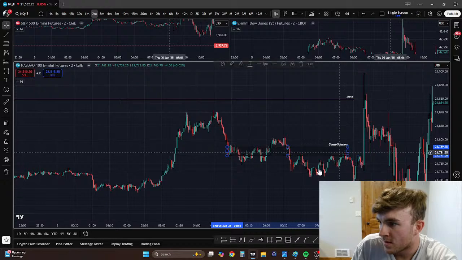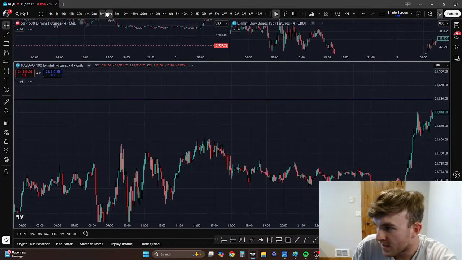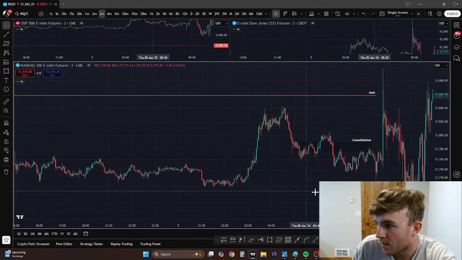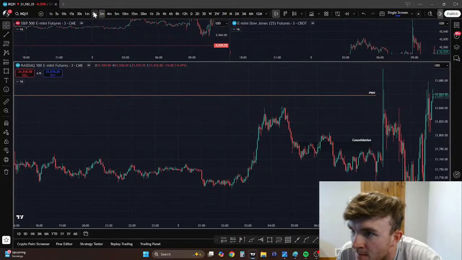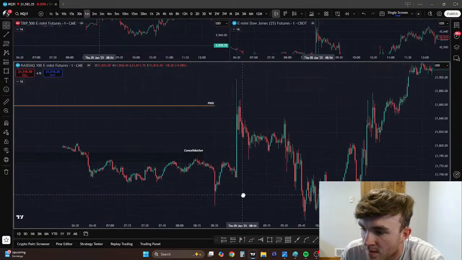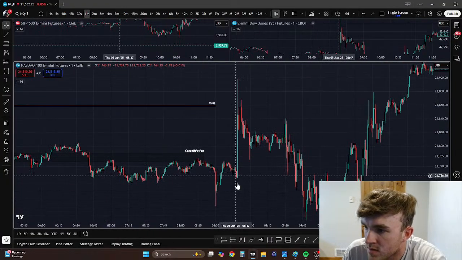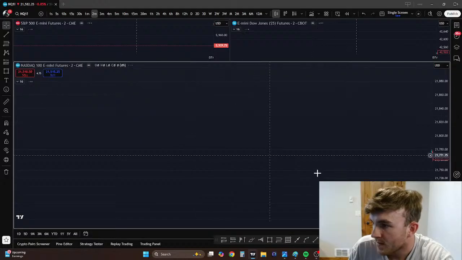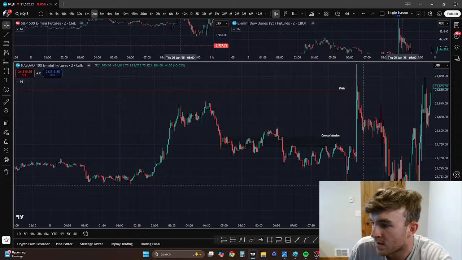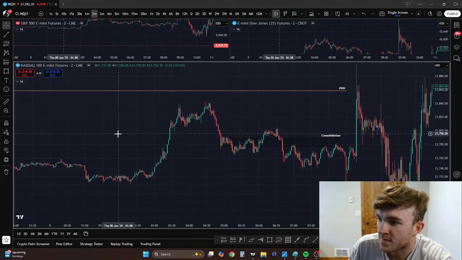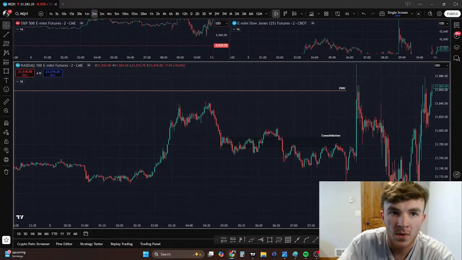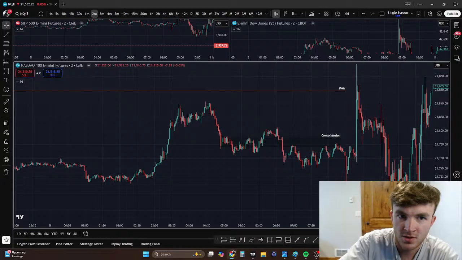I believe he took this, maybe it was the 3-minute. To be honest, I'm not entirely sure what time frame this would be best to take on, because the 2-minute has this giant wick. Let's go look at it actually, because I am just learning too. So here, let's go look at the trade from Dodgy on Discord.